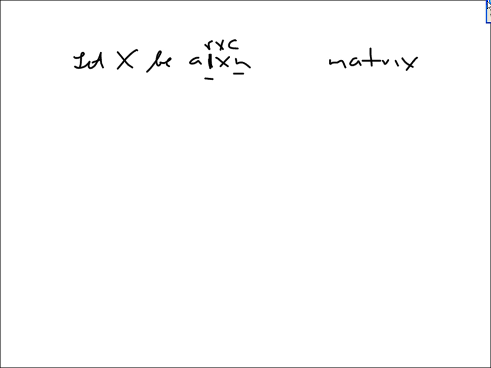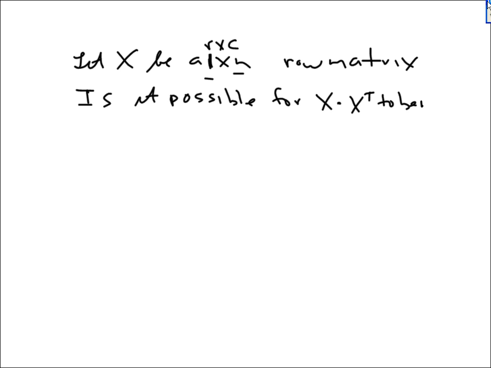Since the row count is 1, X is a row matrix. Now, the first question has two parts. Is it possible for X dot X transpose to be negative? Is it possible that X dot X transpose be negative?